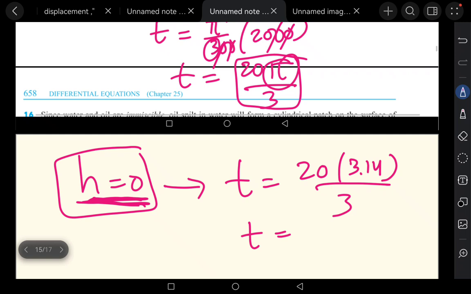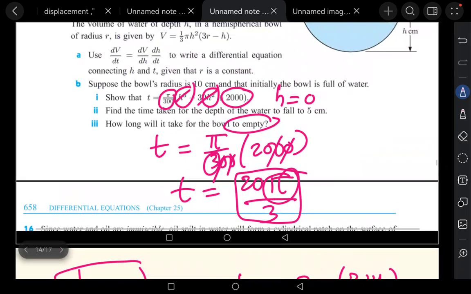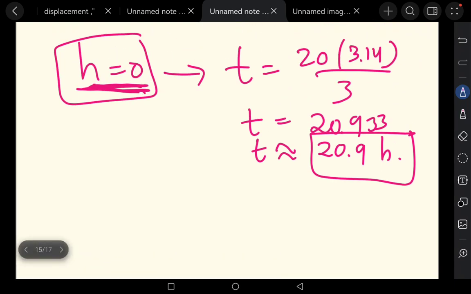Let's use calculator. 20 times 3.14 and divide by 3. 20.933, rounded off, 20.9 hours for the bowl to empty. That's the time it takes for the bowl to empty. Okay, that's all. Thank you.